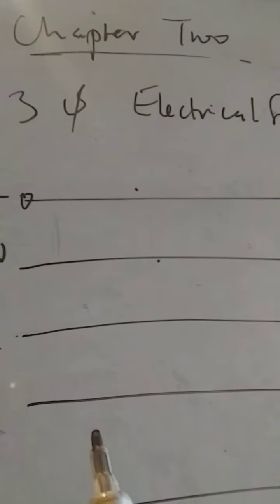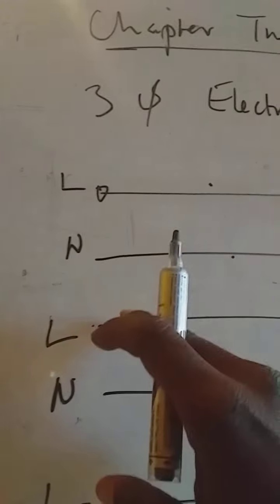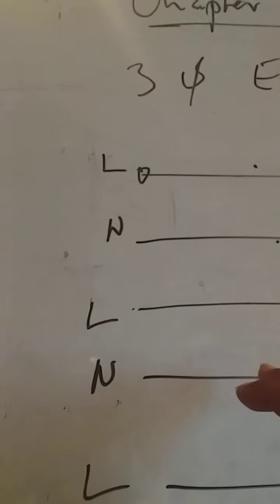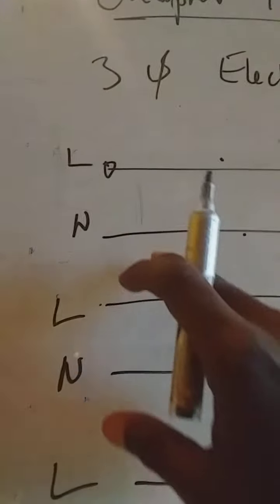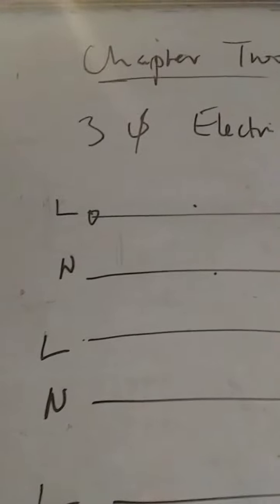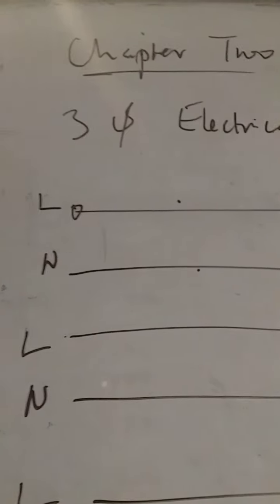But as time went on, they came up with the idea of having one common neutral while we have three phases and one neutral, so as to reduce the amount of copper conductors that will be used.